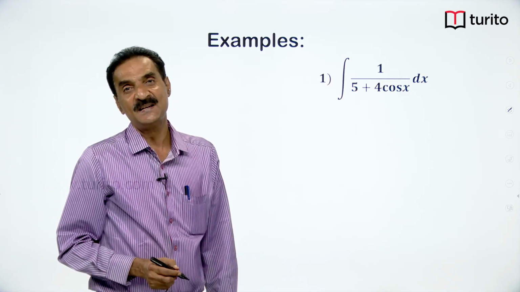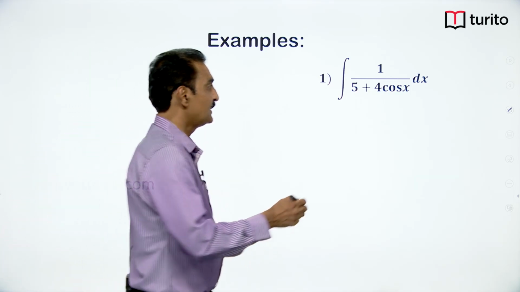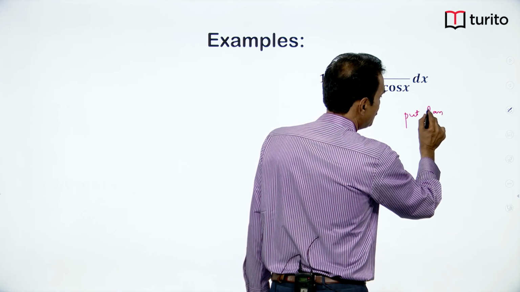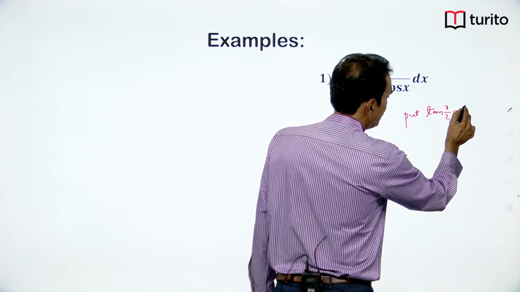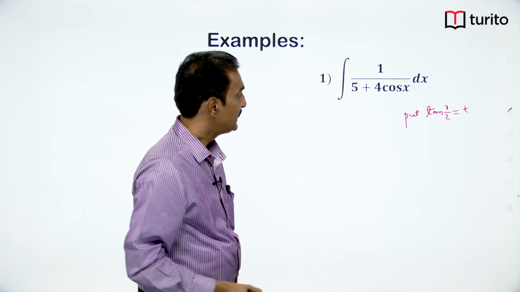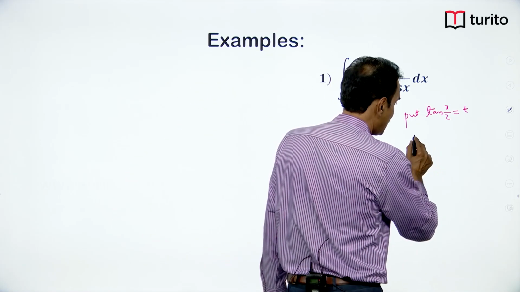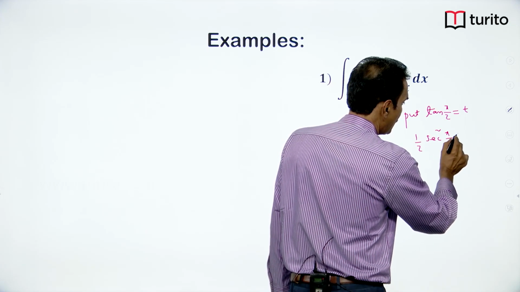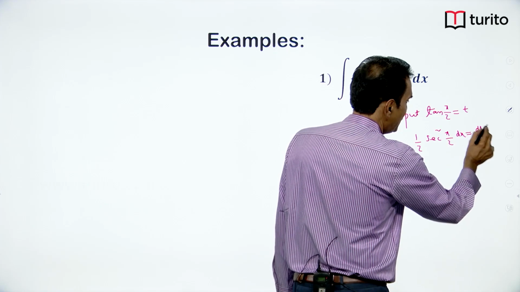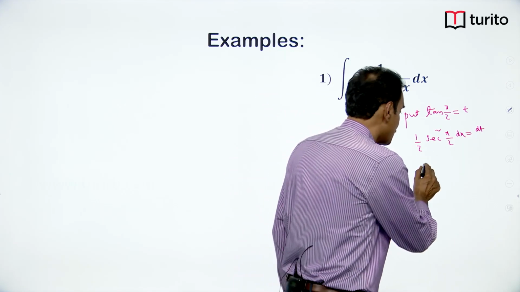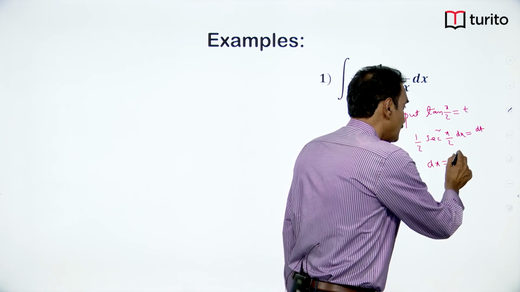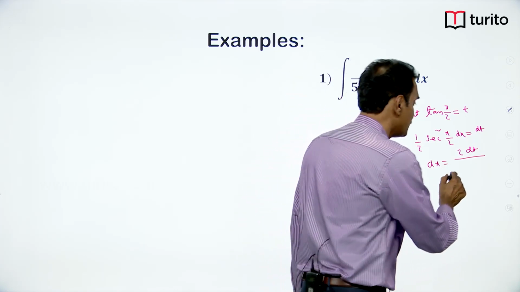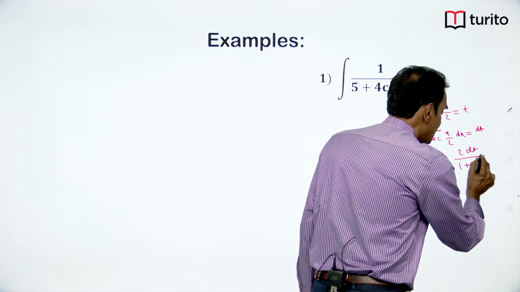Integral 1 by 5 plus 4 cos x. Put tan x by 2 is equal to t. Then the next step is half secant square x by 2 dx is equal to dt. Then dx is equal to 2 dt by secant square x by 2, which is 1 plus tan square x by 2, that is 1 plus t square.